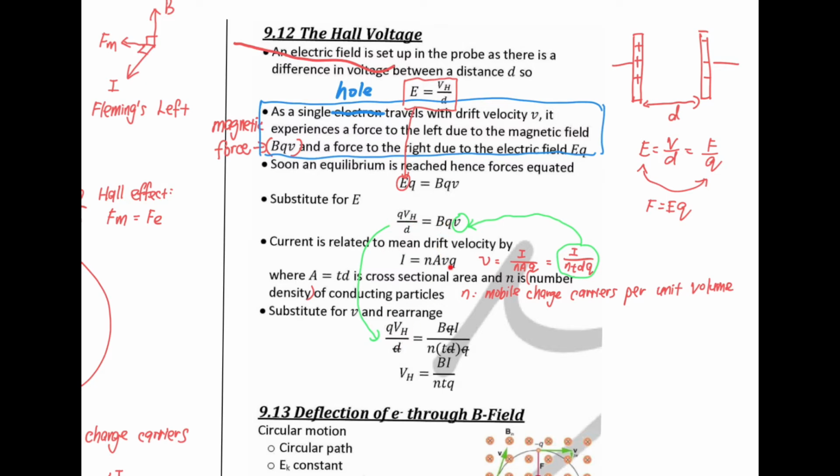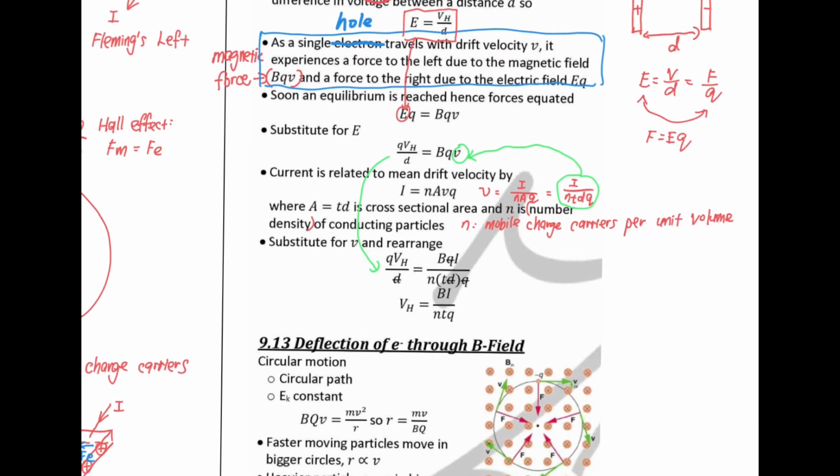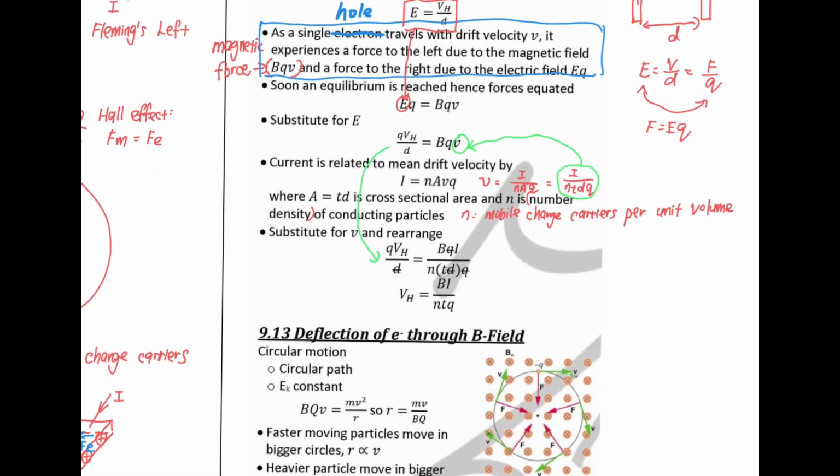Right hand side, BQ, you can see the V has been replaced by I over NTDQ. After doing so, they simplified it. First, they cut the Q on the numerator and the denominator. Then they cut the D on both sides. Then at the end, they get VH equal to BI over NTQ.